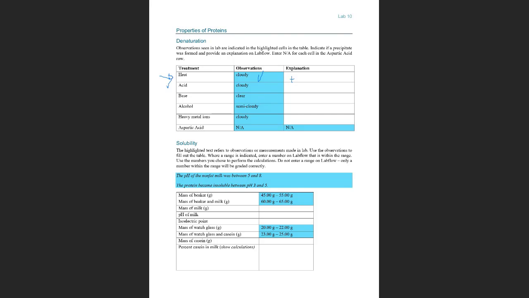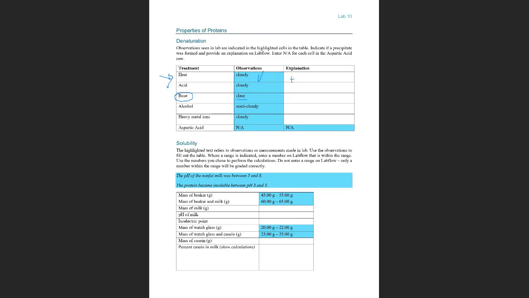If you add acid, again, same thing. Look at base. We said it says clear here. So the protein stays clear, indicating that it is maintaining the original shape.